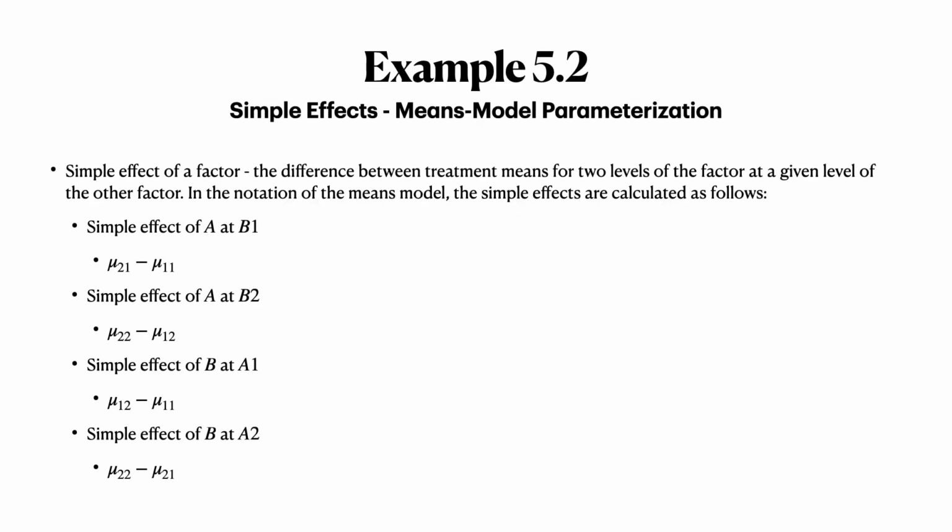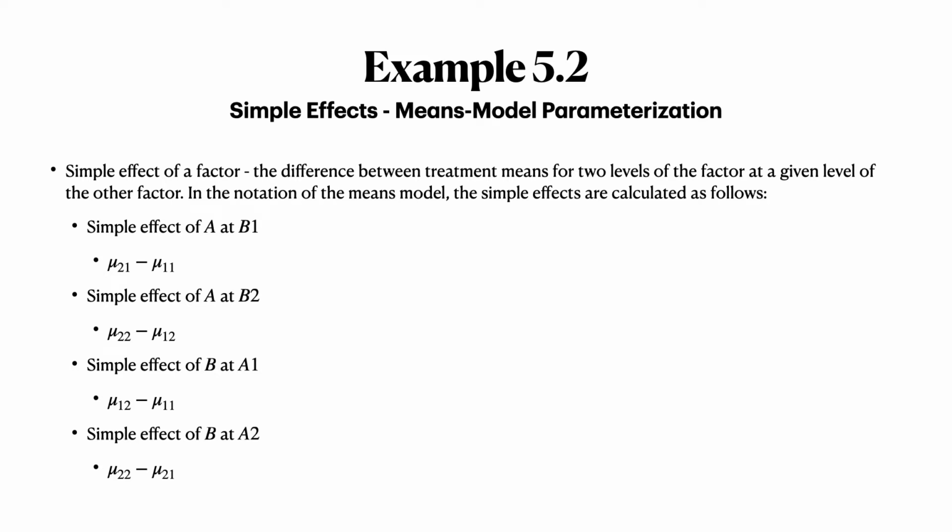All right, and so as a reminder, the simple effect of a factor is the difference between treatment means for two levels of that factor at a given level of the other factor. And so in the notation of the means model, the simple effects are calculated in the following way.